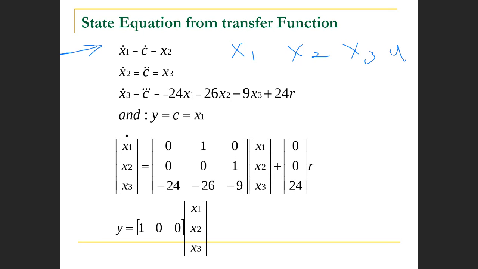We're focusing on x1 dot. What is the coefficient of x1? Please open your mic and go ahead. 0. It is 0. Continue, please. x2. 1. It is 1. x3. 0. u of t. 0.